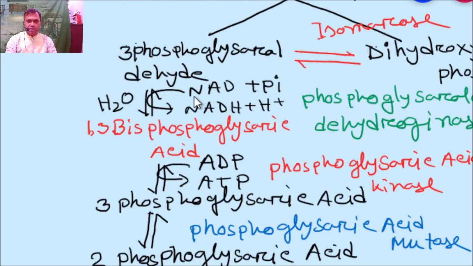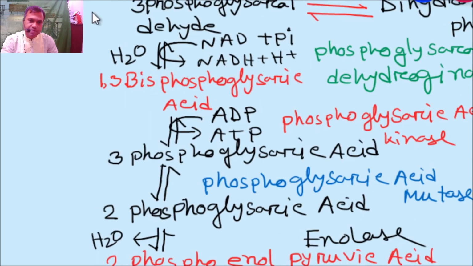And this side reaction from 3-phosphoglyceraldehyde to pyruvic acid occurs twice.